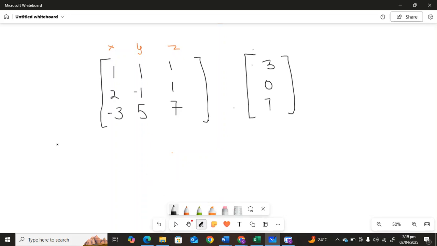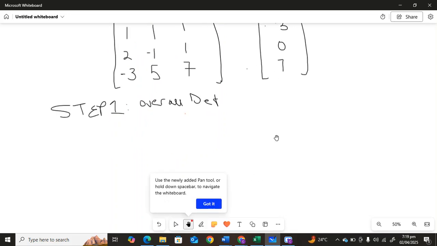So step 1, you get the overall determinant. Here we're only going to be dealing with the coefficients matrix.